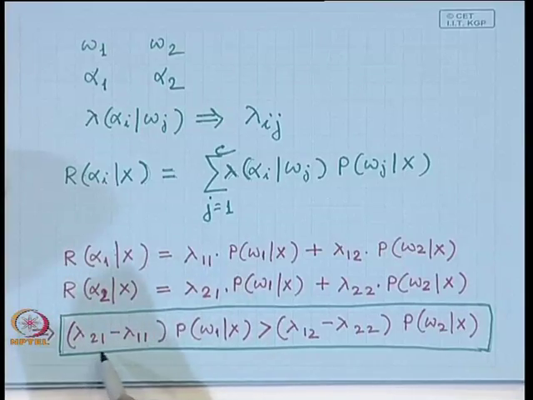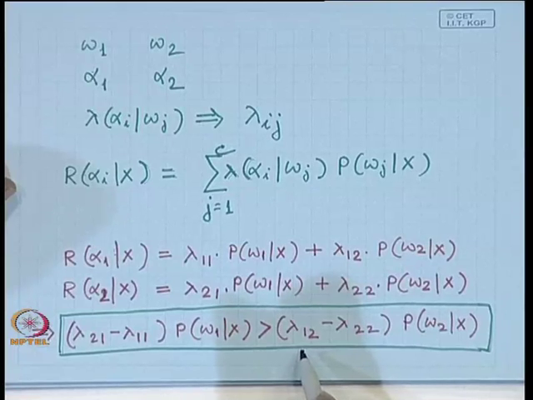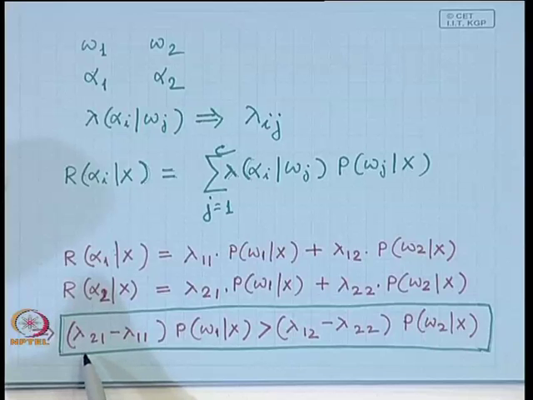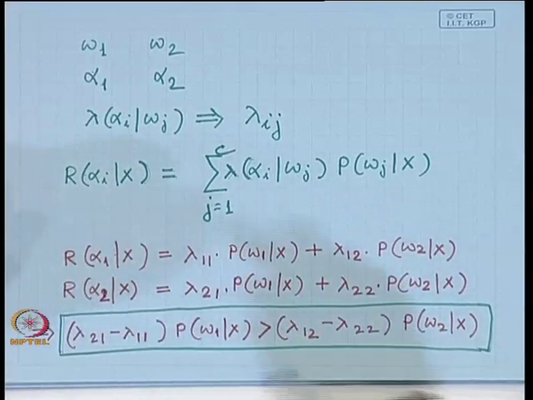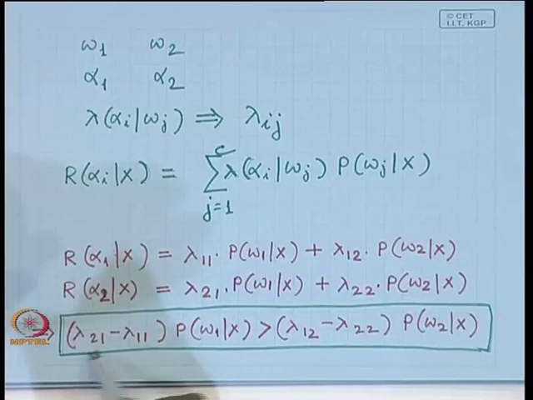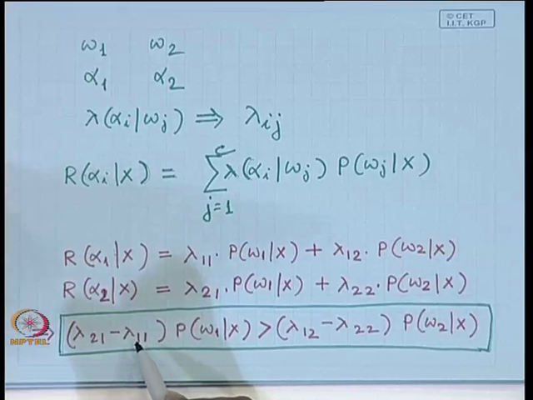Whereas, lambda 2 1 and lambda 1 2 are the losses for taking a wrong decision, because we are taking action alpha 1 where the true state of nature is actually omega 2, or we are taking an action alpha 2 when the true state of nature is actually omega 1. So, naturally lambda 2 1 will be much larger than lambda 1 1, because lambda 1 1 is the loss for taking the correct action.